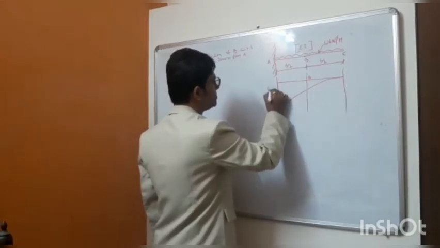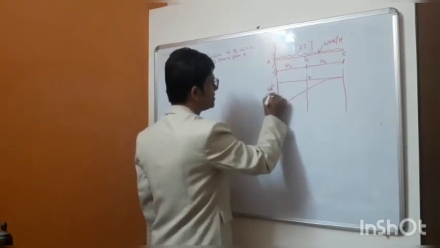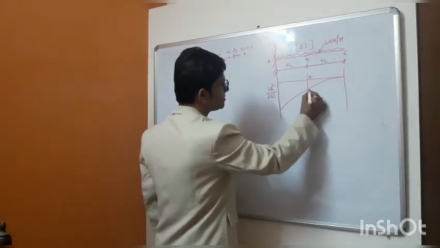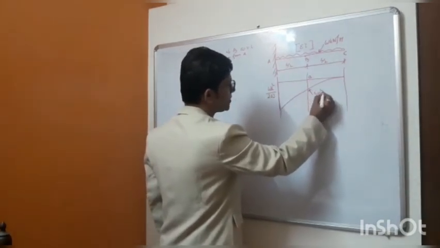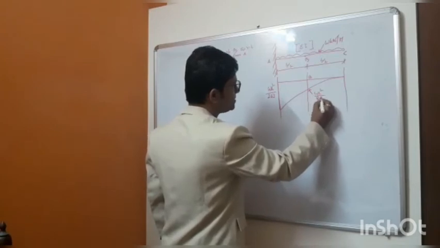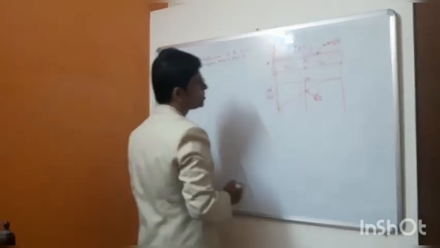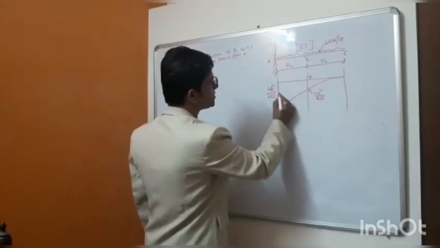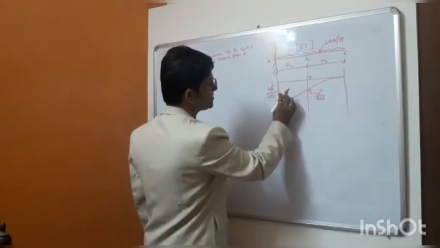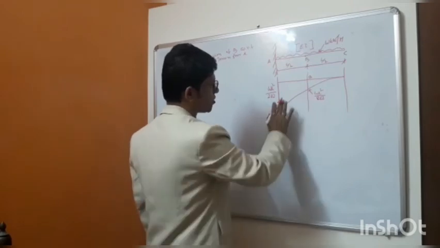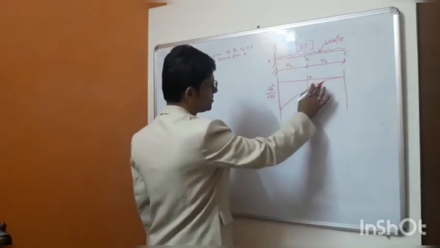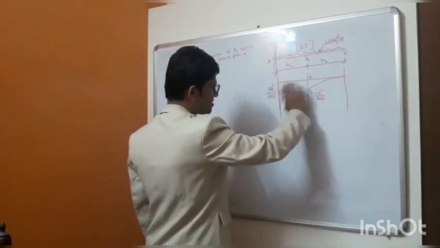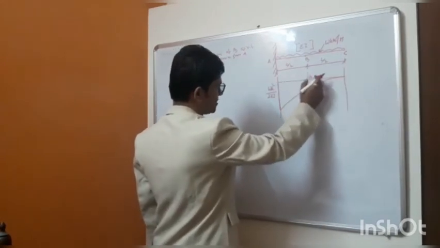Here this will be WL square by 2EI, and at this point this will be WL square by 8EI. So while finding this, don't go for the separation of this triangle and the parabolic curve, because this is not a linear curve, this is a parabolic curve. So you have to first find the area of the entire parabolic curve, then you have to subtract the area of this part.